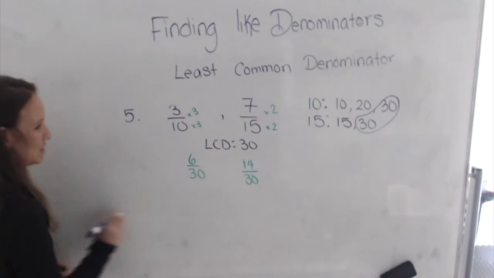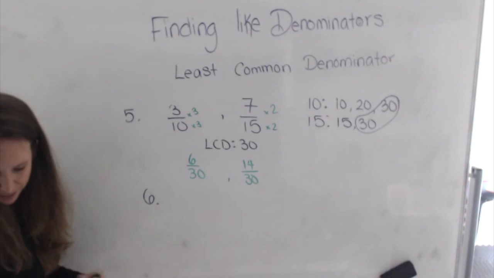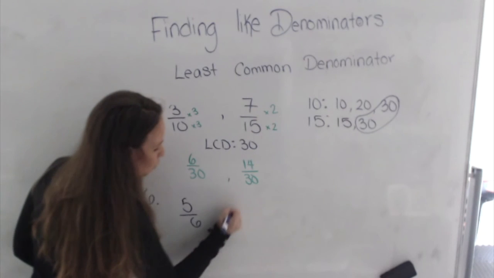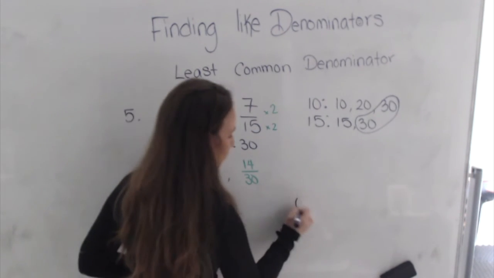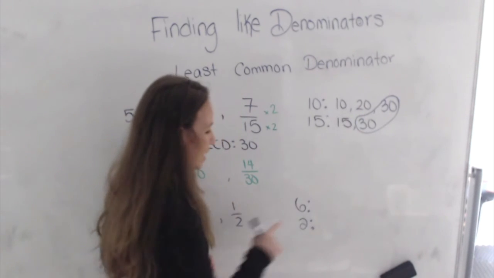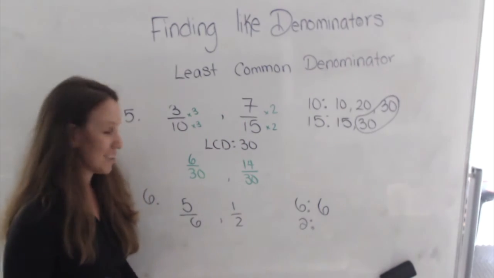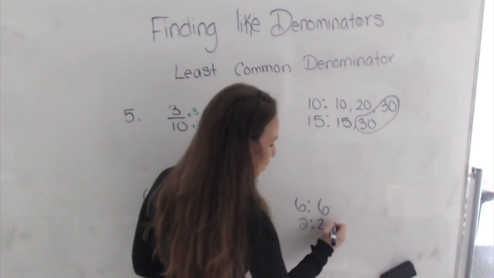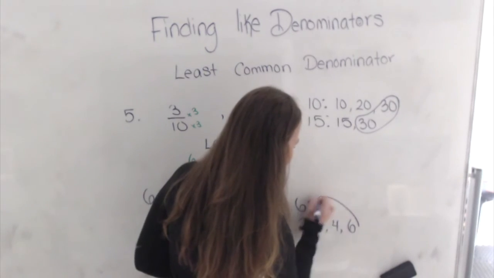So let's do the last problem, problem number 6, and that is 5/6 and 1/2. So let's write down our numbers, 6 and 2. 6 times 1 is 6, and does 2 go into 6? You better believe it, because 2 times 1 is 2, 2 times 2 is 4, and 2 times 3 is 6.